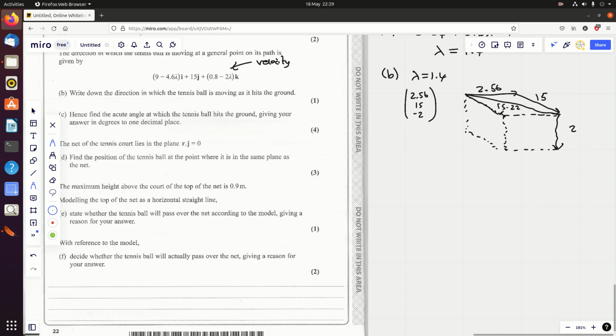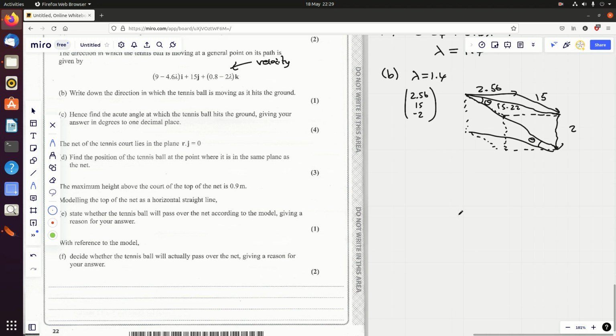What I can then do is find the angle it hits the ground, because that angle there will be the same as this angle on the ground, because it forms a Z angle. And you don't need the Z angle, that's just going to be the acute angle the direction of the ball makes with the ground, yeah, because you have to have it as perpendicular to the ground.